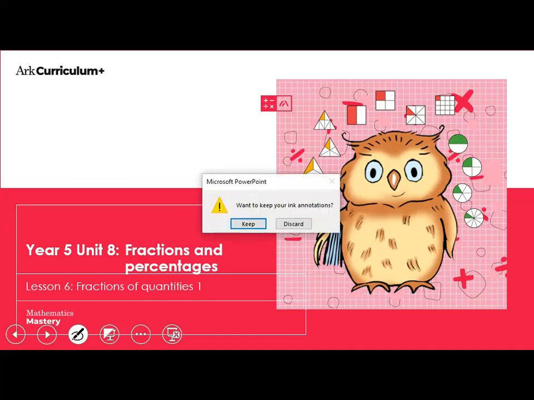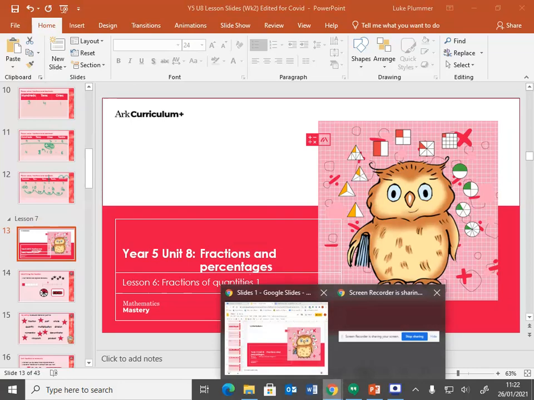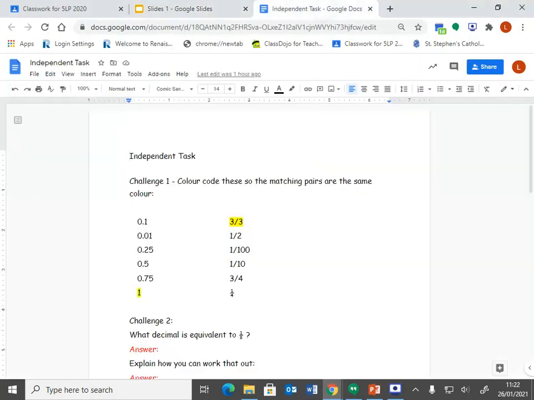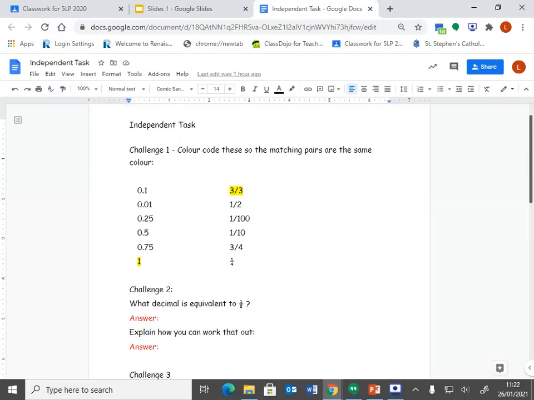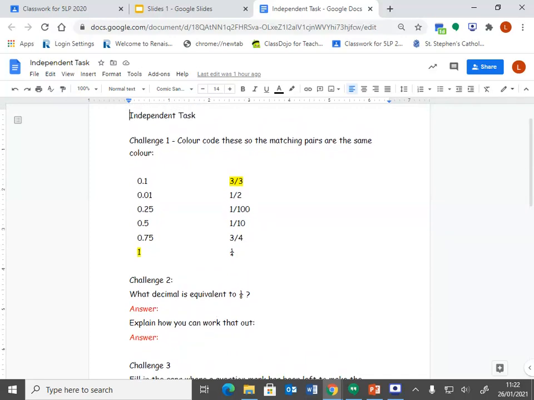Okay, here is your independent task for this lesson. It is just revision. It is things that we have done already or things I've spoken about in the video. The first job is to color code the matching fraction decimal equivalents. Remember, those answers were given to you in the video.